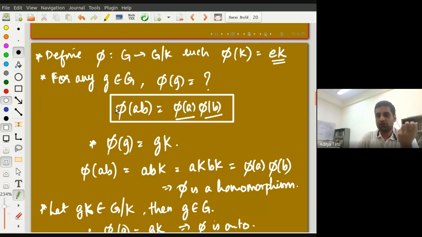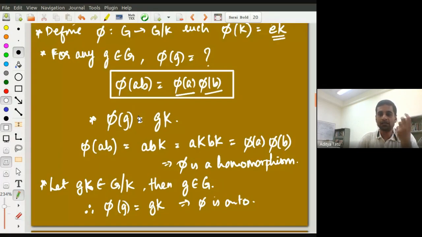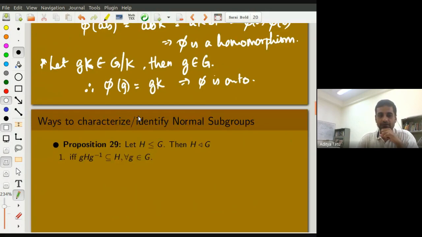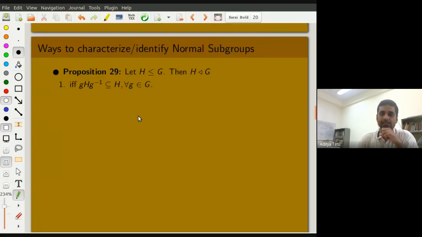So that is sort of emphasizing the importance of normal subgroups. Now, how to identify or how to characterize normal subgroups? Okay, I know how to characterize a subgroup. Let's now try to see what conditions make that subgroup a normal subgroup. Okay, so that's your next proposition, number 29.